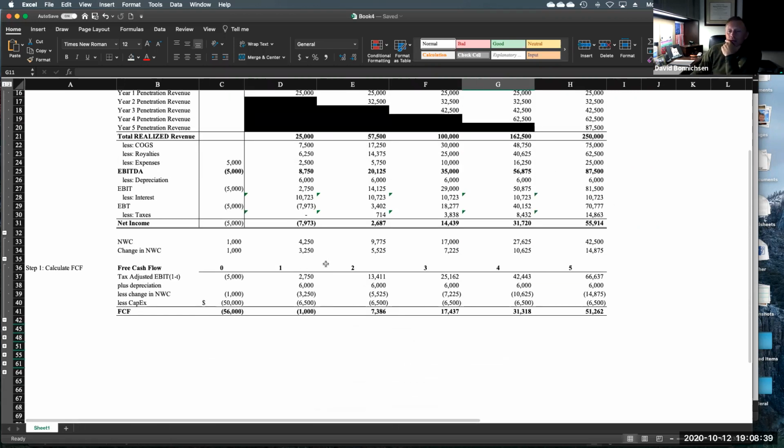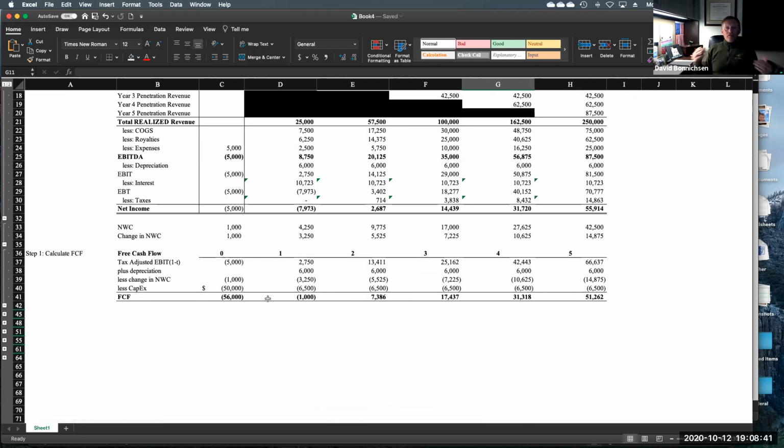Okay. So we've got our free cash flow numbers now.